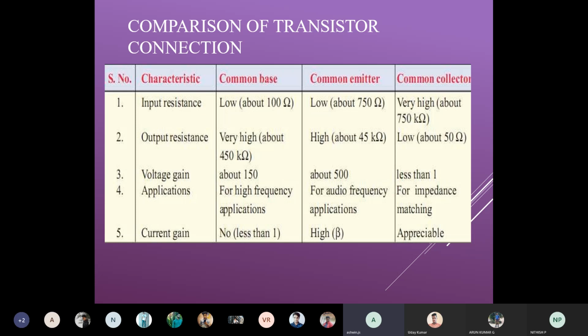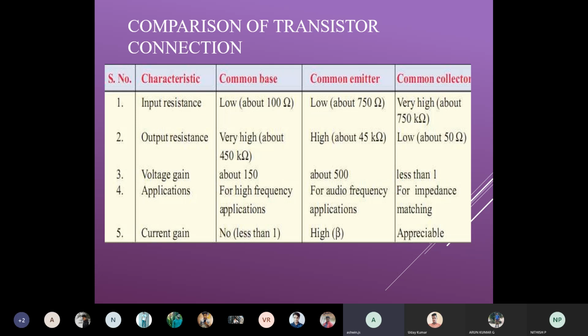Okay, and if you go for output resistance, wherever the collector is there, it will be very high. So if you look at the output resistance for common base, I'm going to calculate the output resistance from the collector with respect to the base. So it's very high.